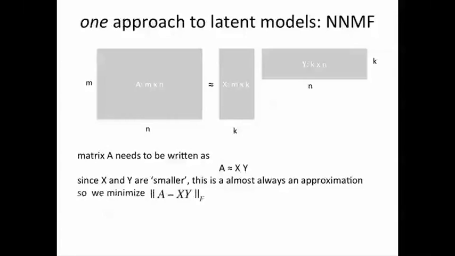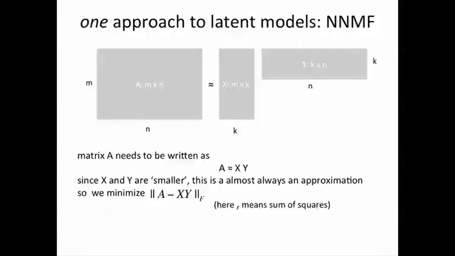One way is to minimize some measure of the difference between A and X times Y. The F norm, or Frobenius norm, is just saying find the difference between A and X times Y and take the sum of the squares of the elements.